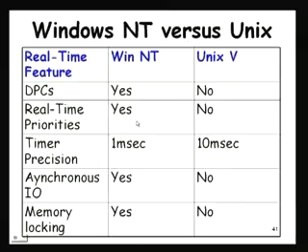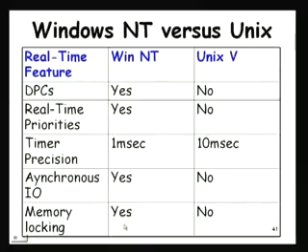There are real time priority classes, we had seen that, whereas in Unix there are no real time priorities, all are dynamic priority levels. Timer precision is 1 millisecond, Unix 10 millisecond. Asynchronous IO supported in NT, not supported in Unix 5. We all know what asynchronous IO is, isn't it? Okay.